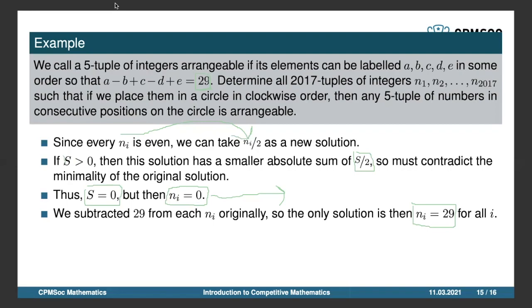Something you'll notice here is this question is asking you to find all the particular examples of 2017 tuples. But we gave a proof by contradiction. So even though it was asking us to find something, we ended up showing something as a way of explaining that that's the only solution we can have.